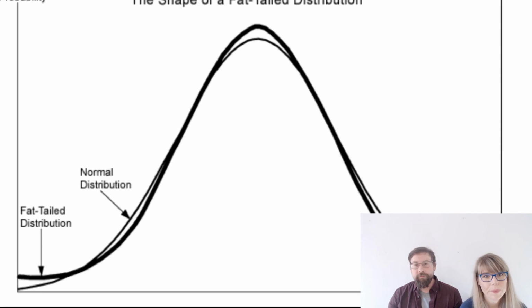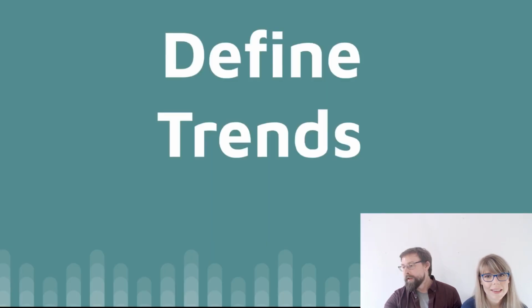Define trends. So what is the classical definition of a trend? We talked about this in the first and the second trends videos. The classical definition. Like, what if I said the stock is in an uptrend? What does that mean besides it's going up?